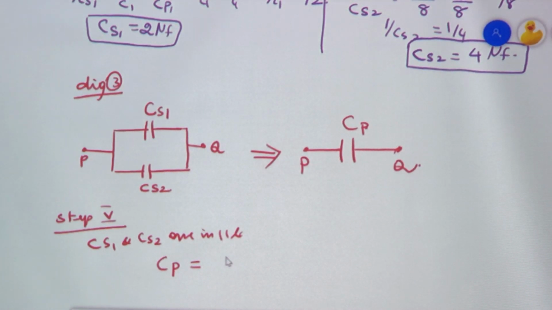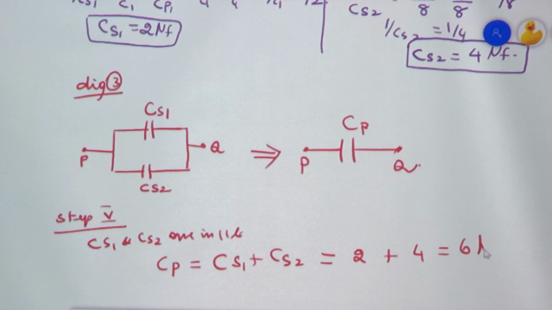So what is Cp? Cp is the sum of the two capacitances. What is Cs1? Cs1 is 2 microfarad and Cs2 is 4 microfarad. So I can write 2 microfarad plus 4 microfarad, and the answer that you get is 6 microfarad.